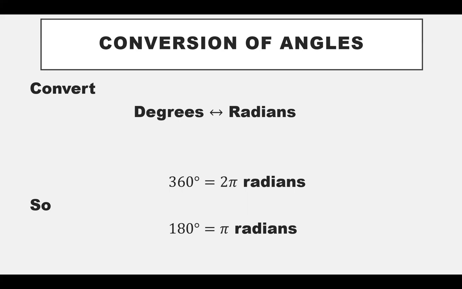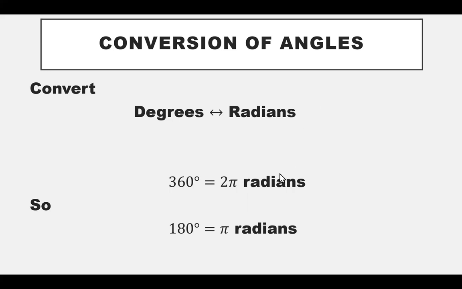The way we do conversions, or at least the way I do conversions, is I just multiply times a fraction of 1. So a fraction of size 1. And we can create a fraction of size 1 by noticing that 360 degrees is the same measurement as 2 pi radians. So 2 pi radians divided by 360 degrees, or 360 degrees divided by 2 pi radians, will be a fraction of 1.